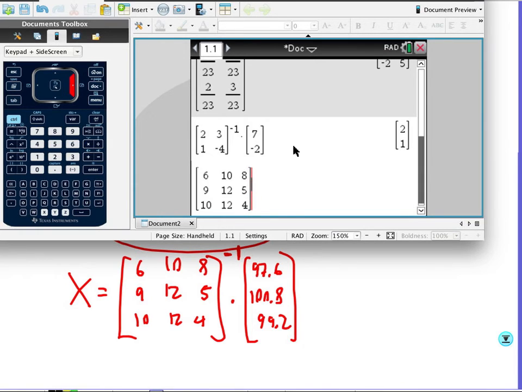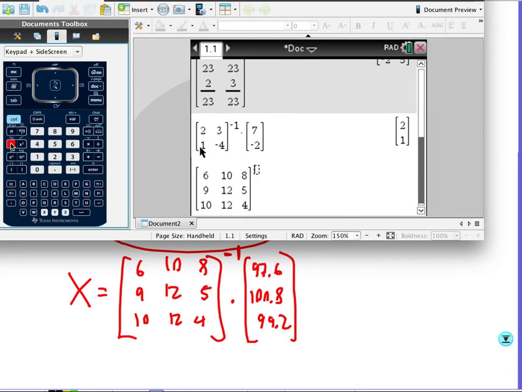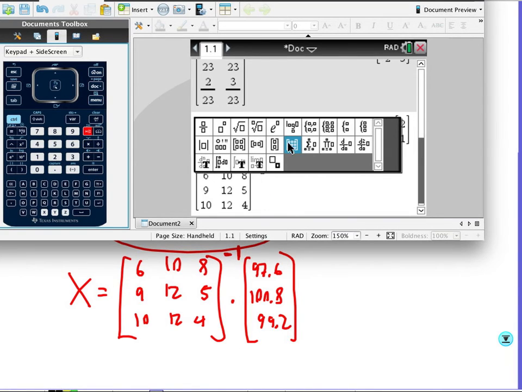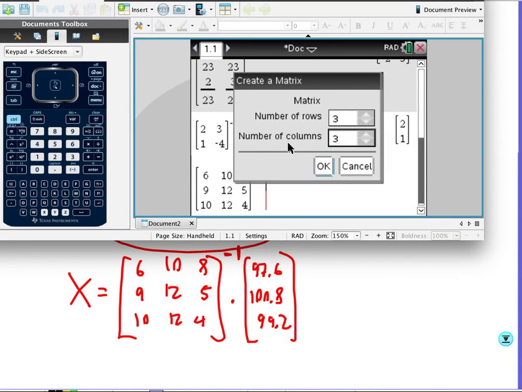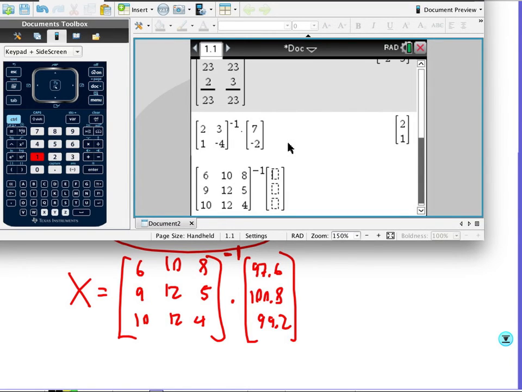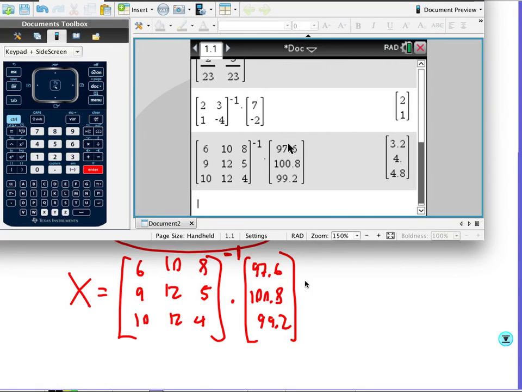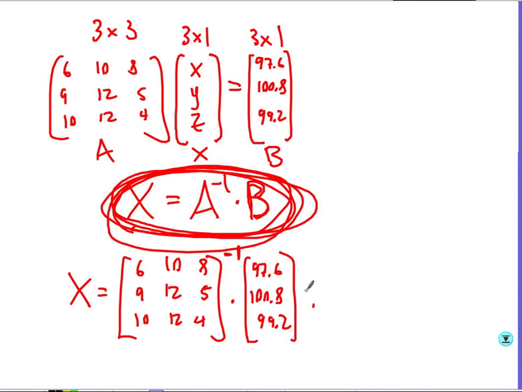Simply put an exponent of -1, informally speaking, and then multiply it by a 3x1 matrix. So here my values are 97.6, 100.8, and 99.2.